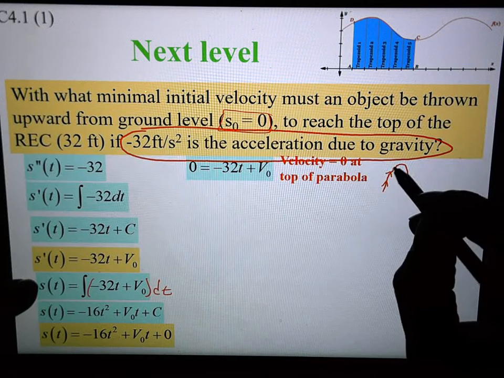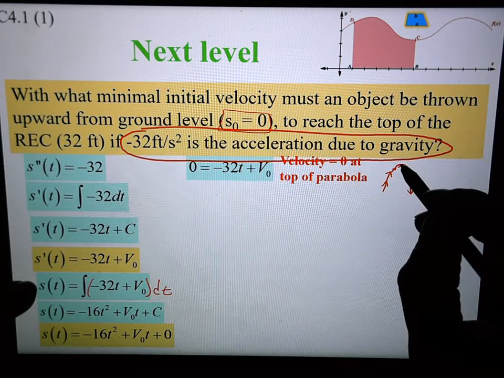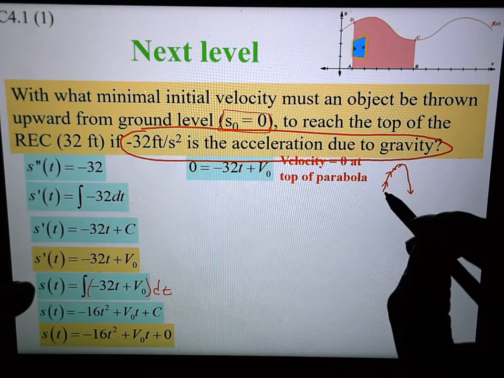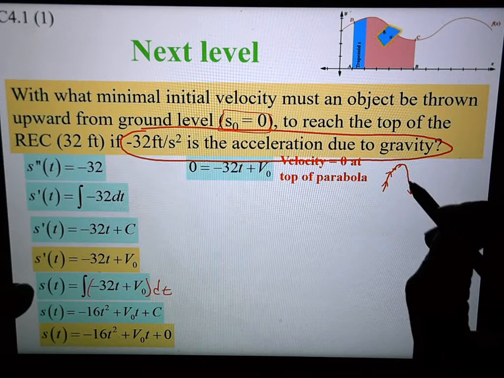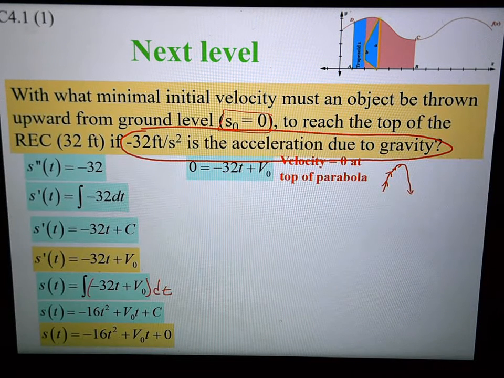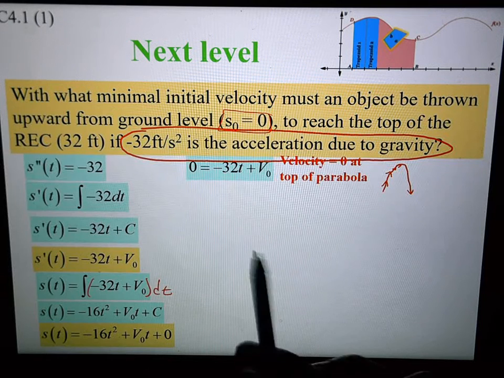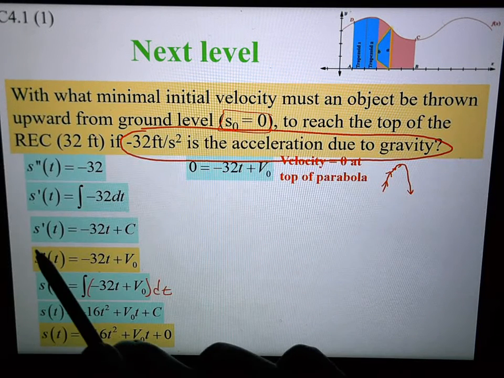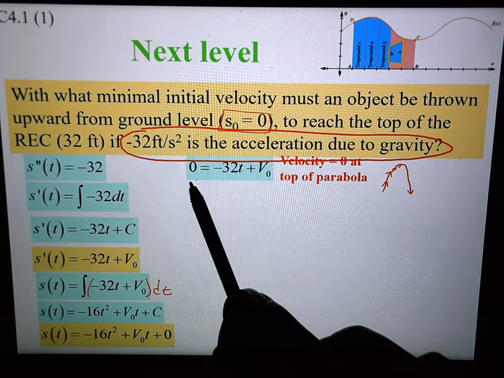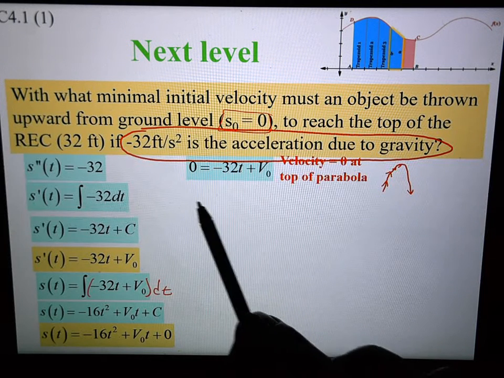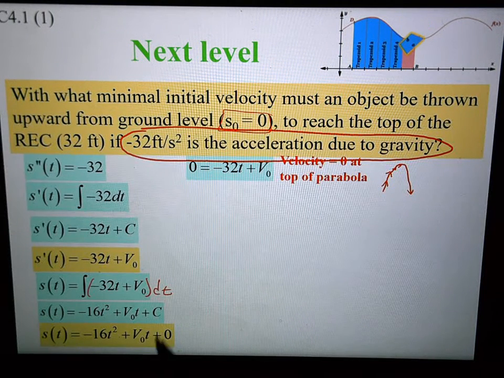When an object goes up, it gets shorter, shorter, shorter, and then it stops and then it starts going down. It starts accelerating downward. So what I'm going to do is I'm going to take my velocity. Where is the velocity equal to 0? The velocity is equal to 0 at the top of the parabola.